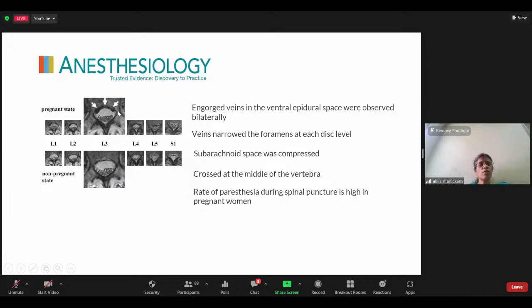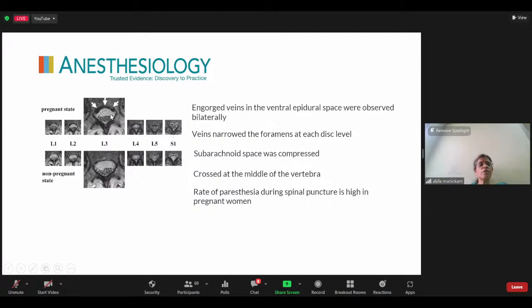And these veins were compressing the subarachnoid space. This compression was observed more at the lower levels, for example L4 and L5, than at L1 and L2. They often crossed at the middle of the vertebra, and the veins narrowed the foramens at each level.